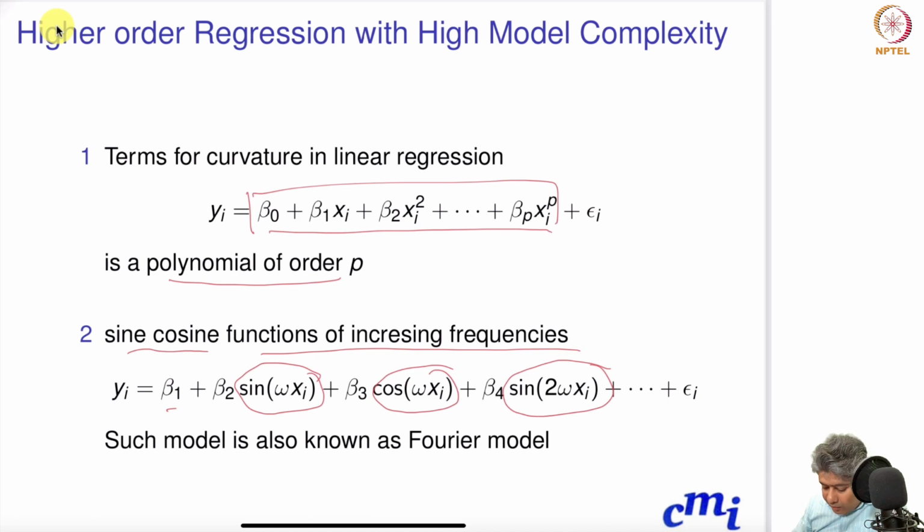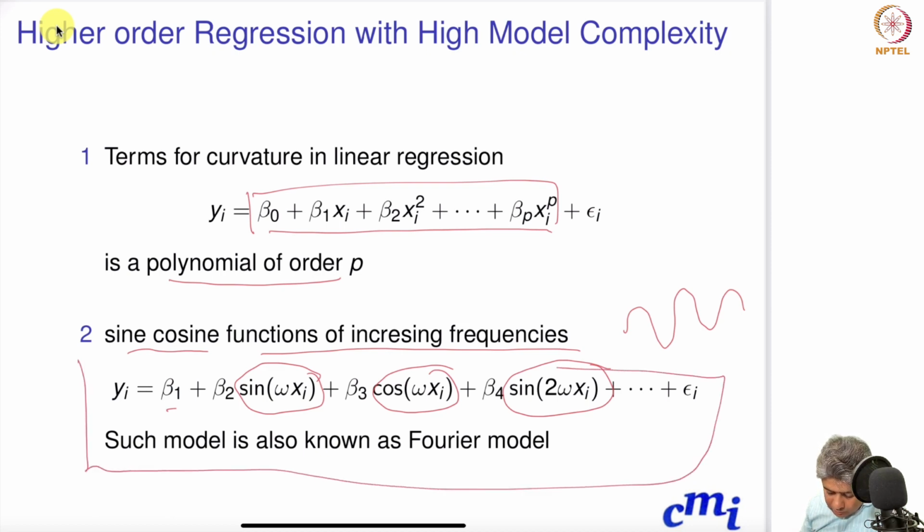If you feel your data has a lot of sinusoidal behavior, then these kinds of models with Fourier terms help a lot. Now here, if you know the value of omega, then you can fit this model using the simple OLS method.